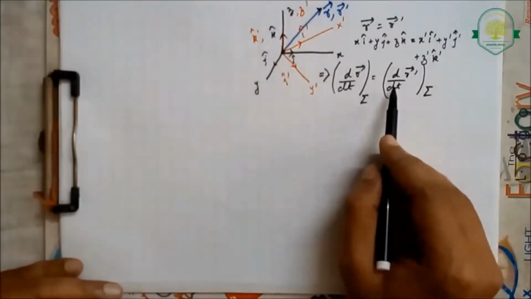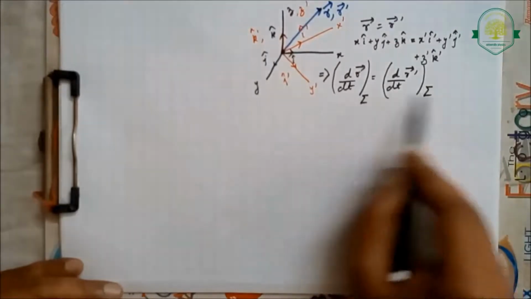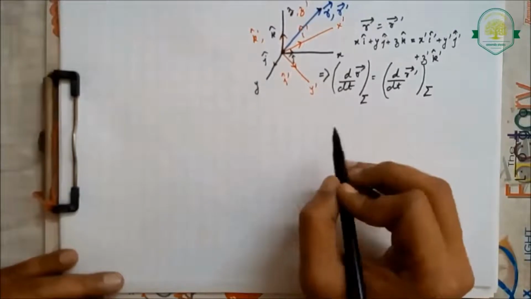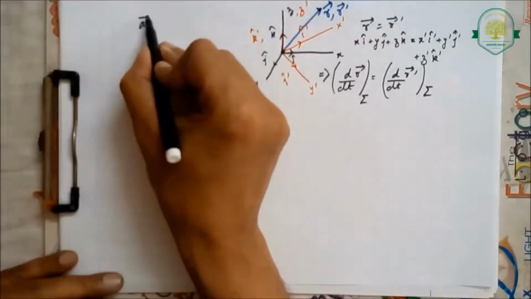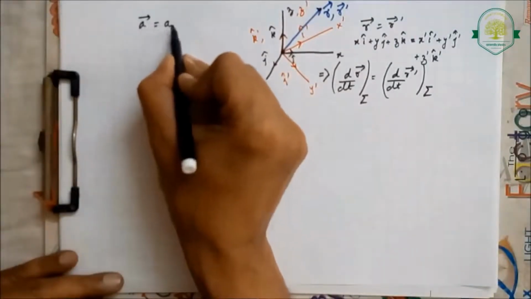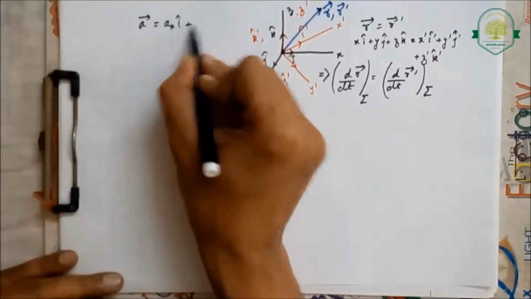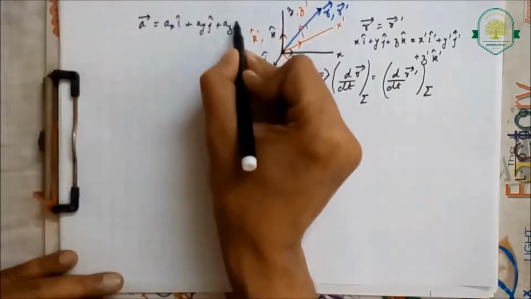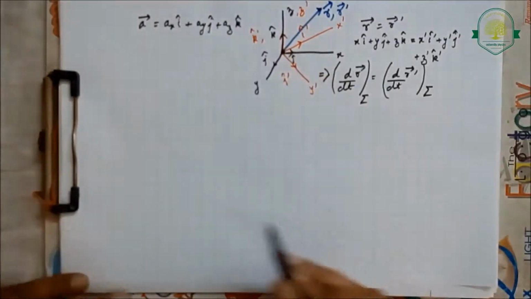This specification would not have been necessary had we been dealing with scalar quantities. For example, let us consider a vector A, which has components ax, ay, and az in whichever frame of reference.